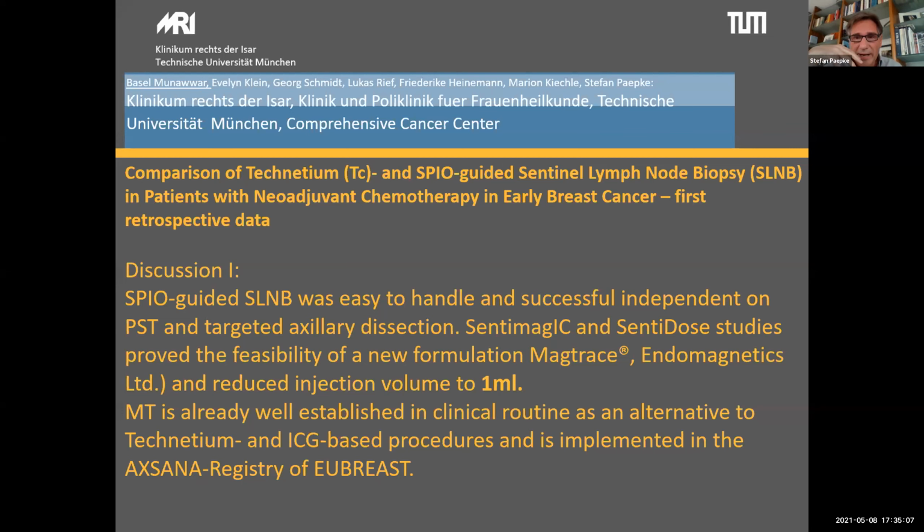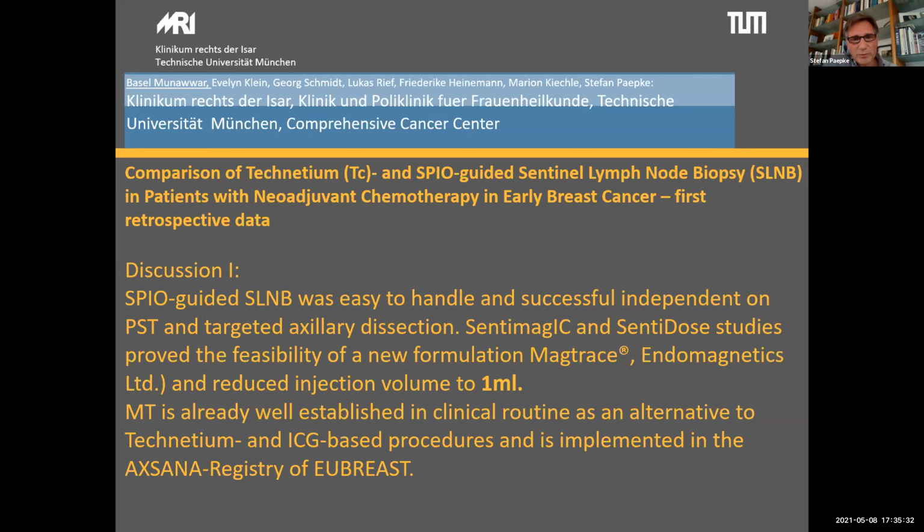It takes in our clinic more than 4 hours. The people from nuclear medicine are very involved in this technique. They inject the technetium periareolar subcutaneously, and then they are waiting and waiting and waiting. And while the patient is waiting, I'm waiting too for the patient. So that is ruled out by the Magtrace technique.